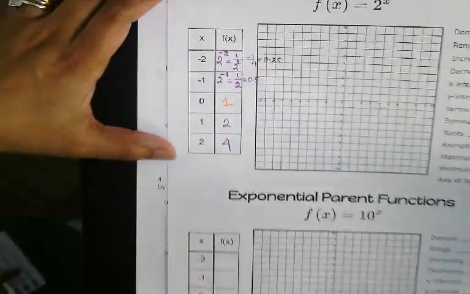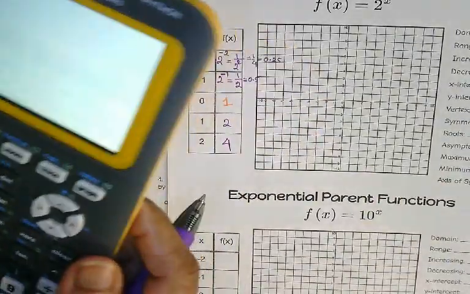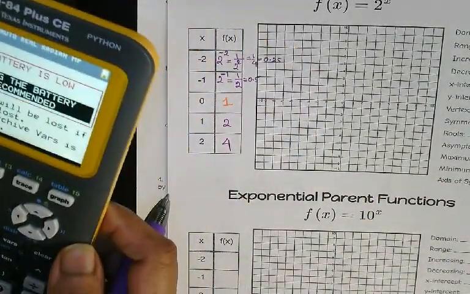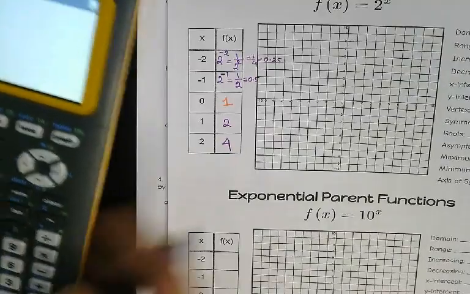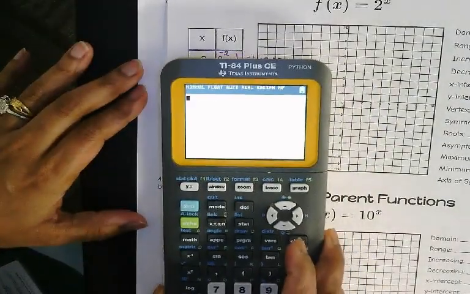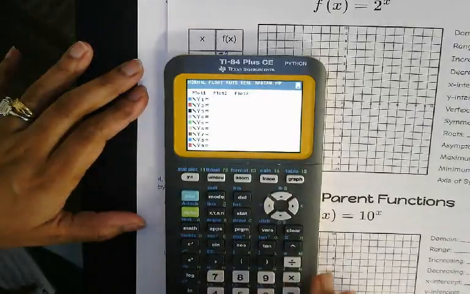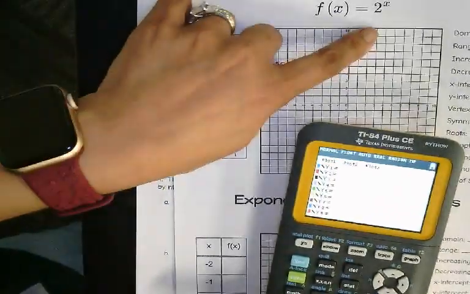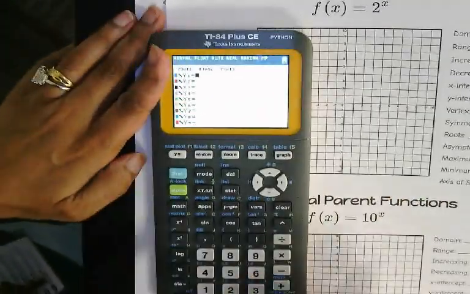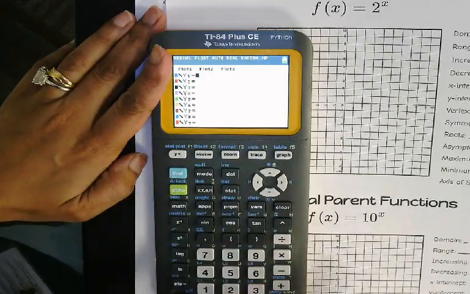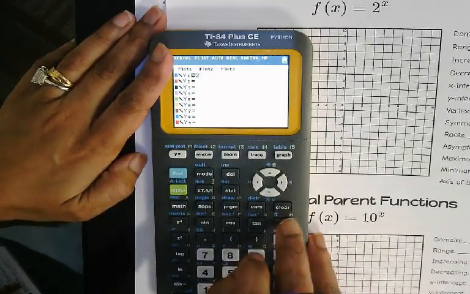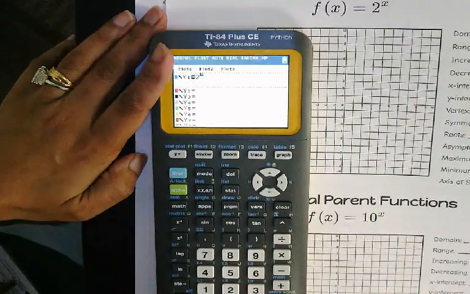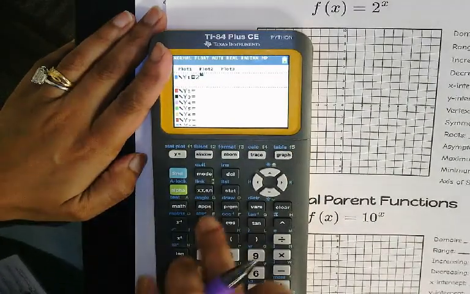If you put it in the calculator, go to your calculator, clear everything. Clear everything and go to y equals, and then we're going to grab this one, 2 to the power x. So 2 to the power, you put that hat over here, so that's going to bring you a power on the top, and then x is over here.